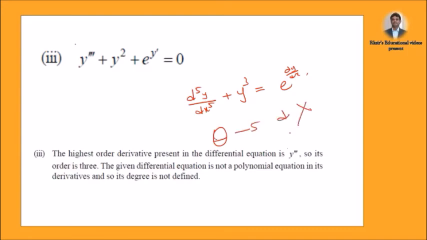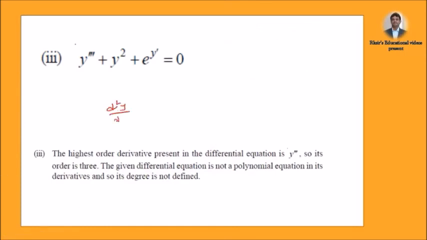Degree not defined. Any form which has exponential forms, or any forms with cos or sine or trigonometric ratios with dy by dx inside, such forms are called not defined forms.